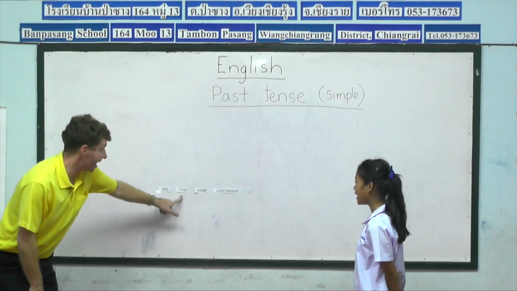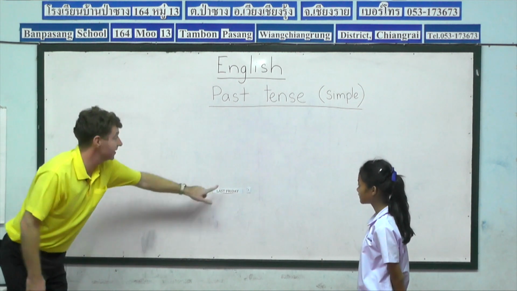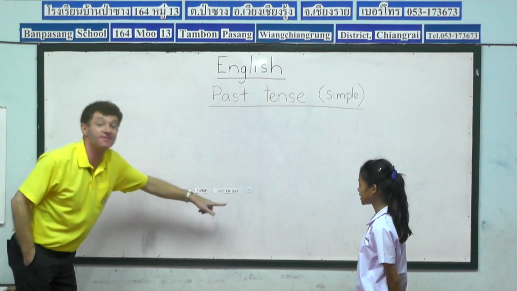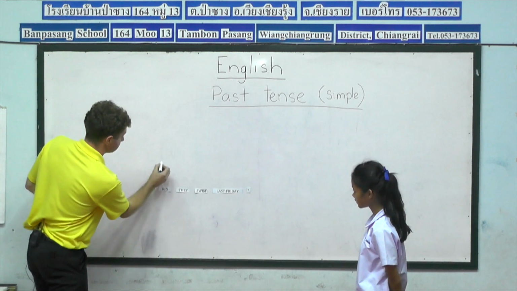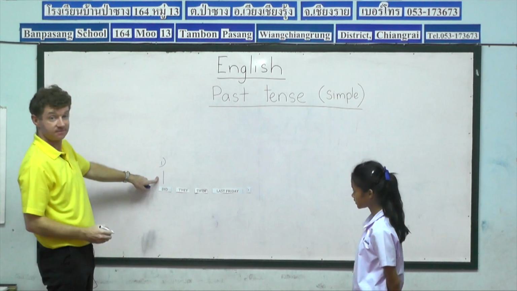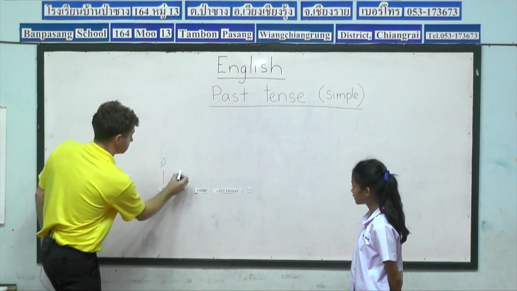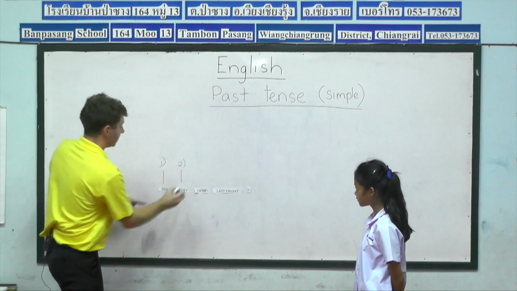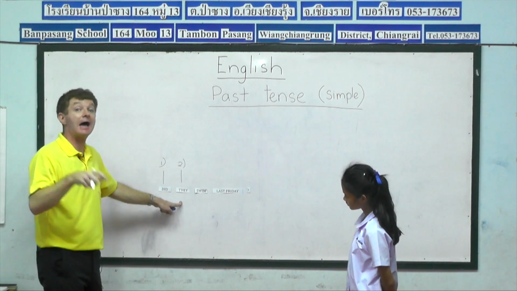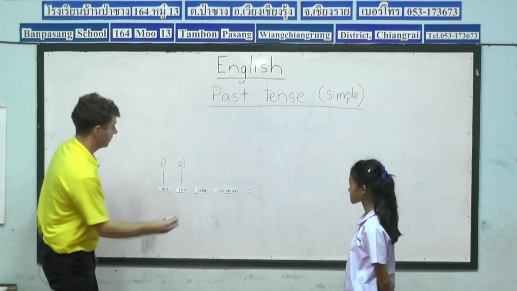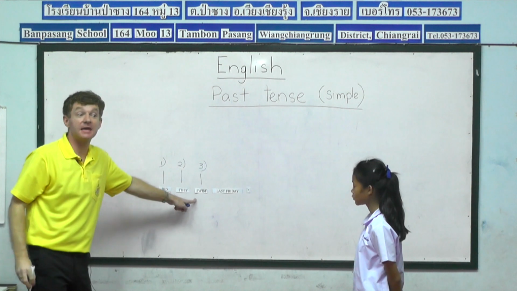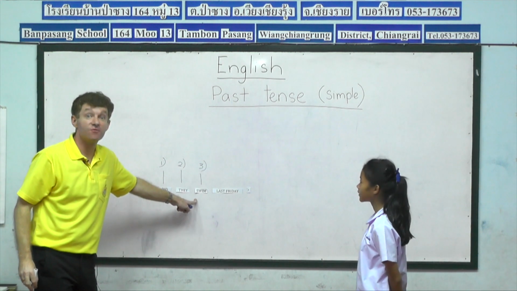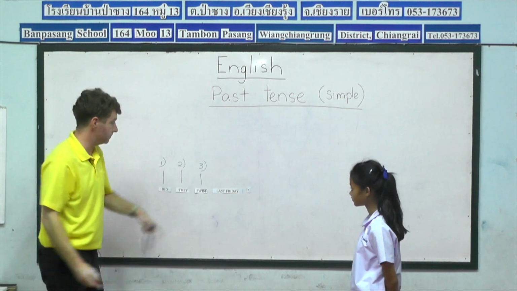Did they swim last Friday? Question mark. So always first, did. Second is the subject. I, you, we, they. Third, what word begins with V? Verb, a word like swim.